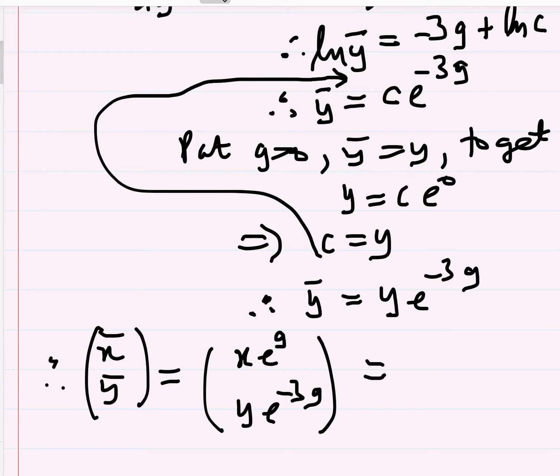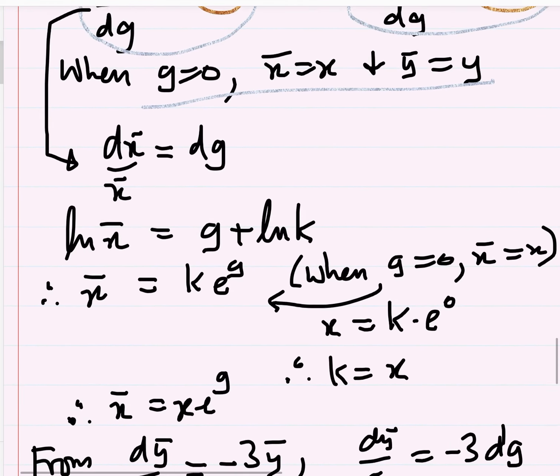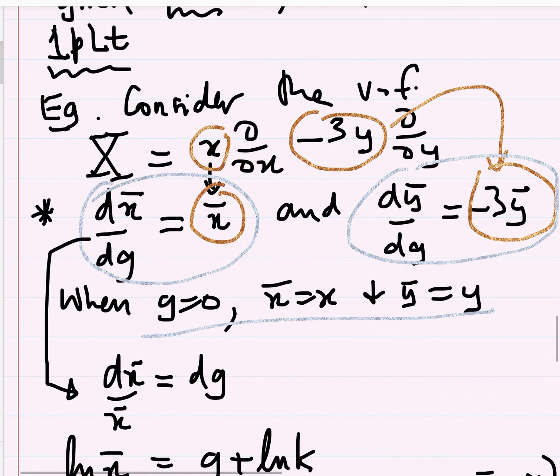And of course this was g star xy. And this is then the one parameter Lie group of transformations reconstructed from its given vector field up here. This was the vector field.